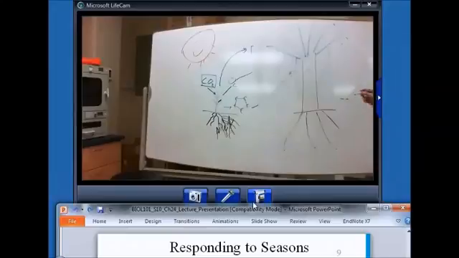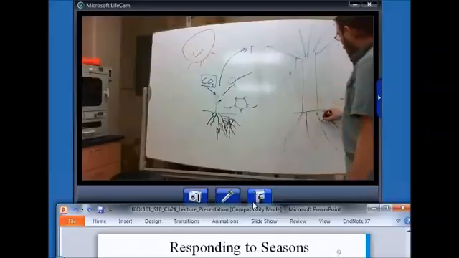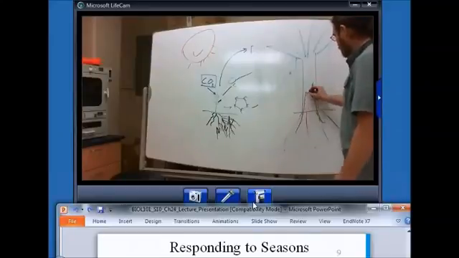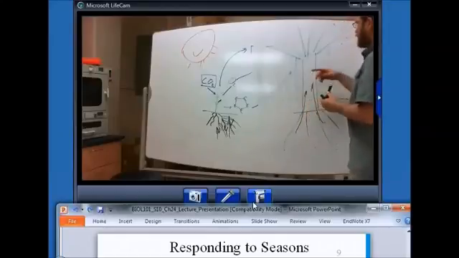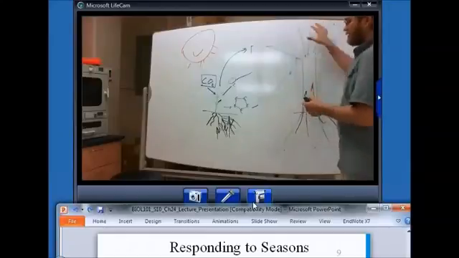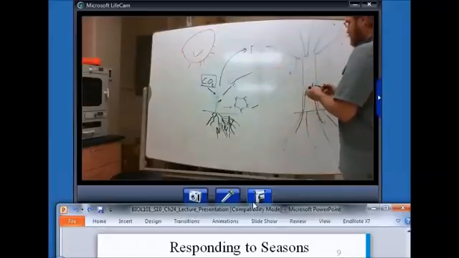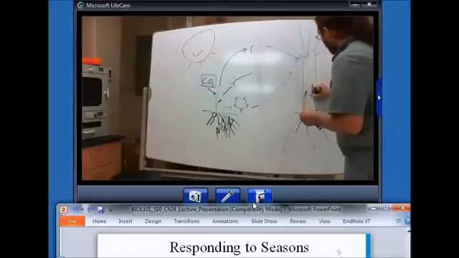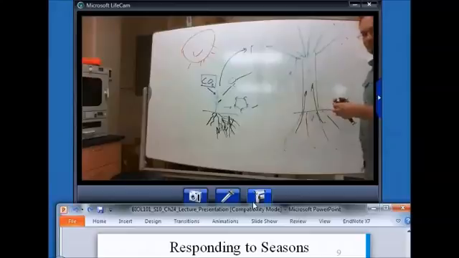What's going on is the tree is taking nutrients from the ground and sending them up to the tree. The tree then uses those nutrients in photosynthesis and carbon dioxide and everything that we talked about over here to build sugars and things that the plant needs to grow, and it then sends those things that it needs to grow down to the roots.